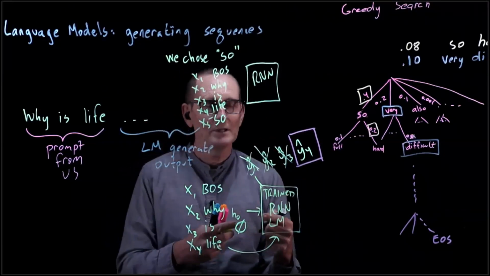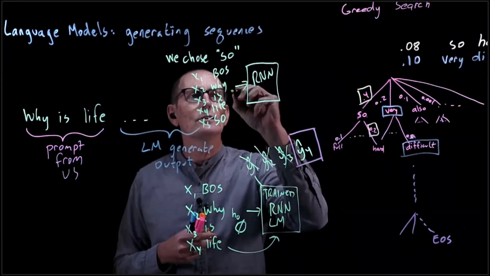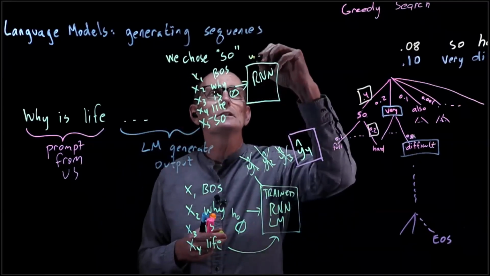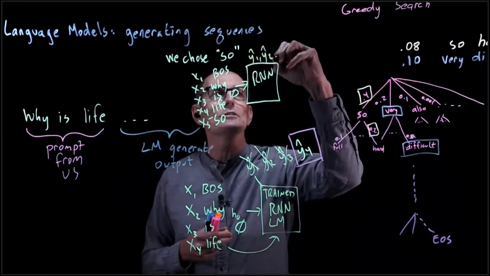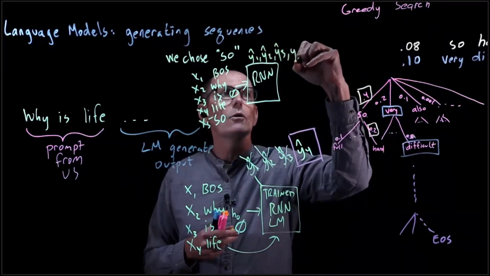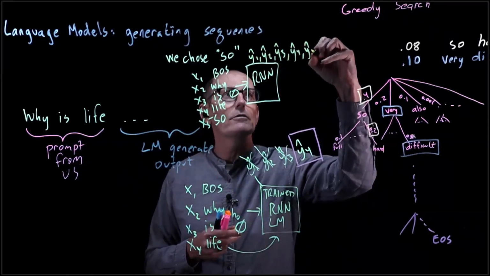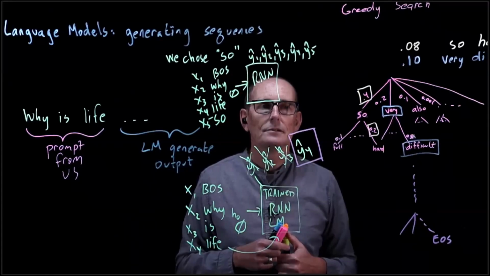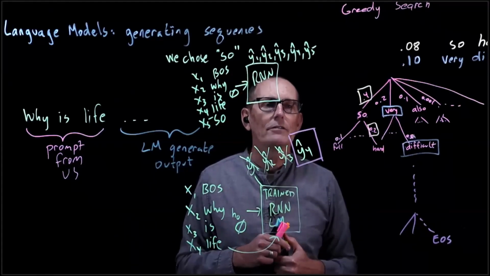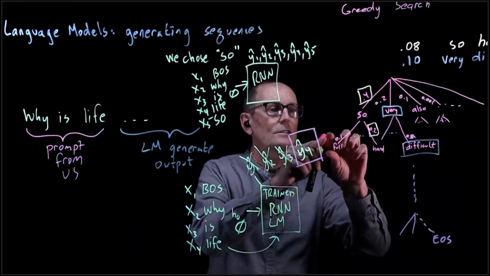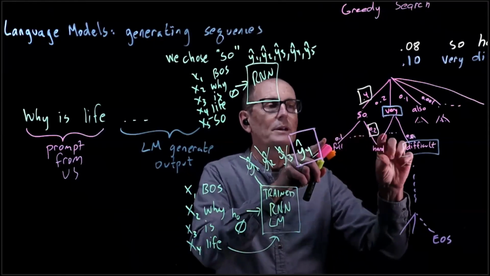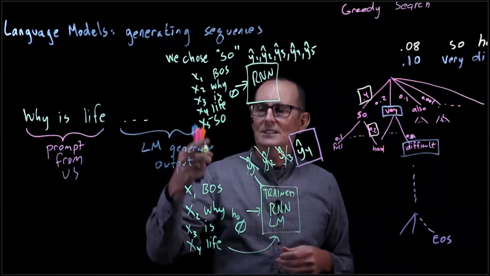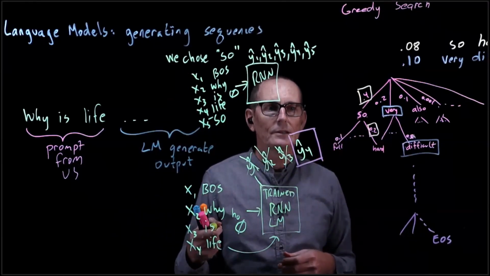Just like we did here, we feed in a 0 for our h sub 0, and we'd now get back out y hat 1, y hat 2, y hat 3, y hat 4, and y hat 5. Of these, which do we care about? Y hat 5. That's right. That now gives us these probabilities, and we can continue to use the greedy algorithm. Does this seem somewhat wasteful, though?